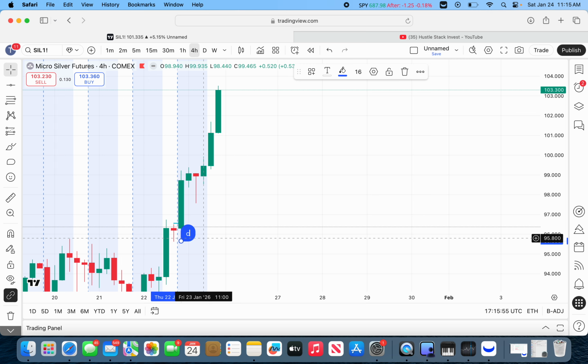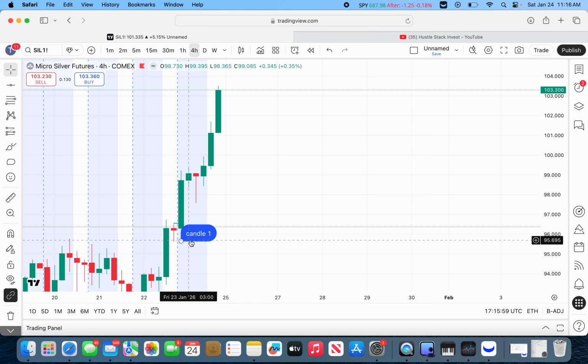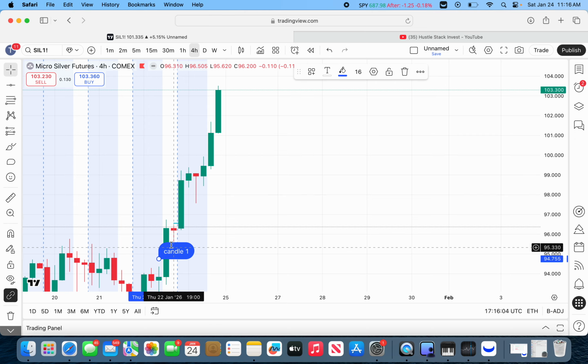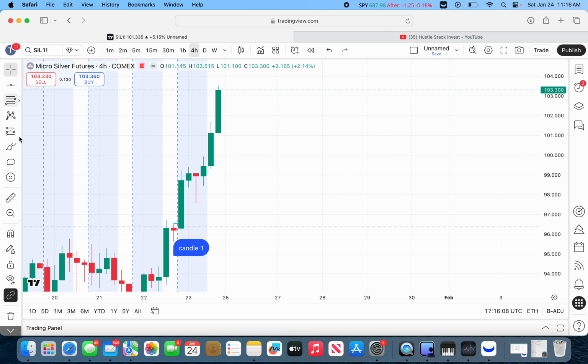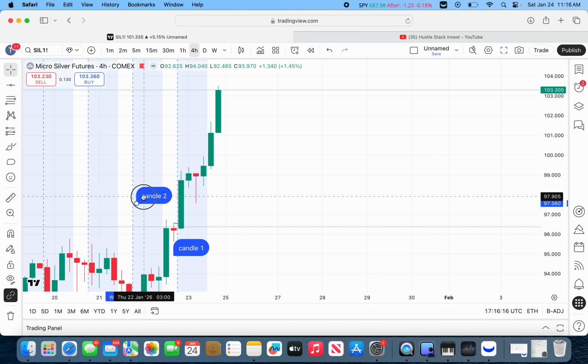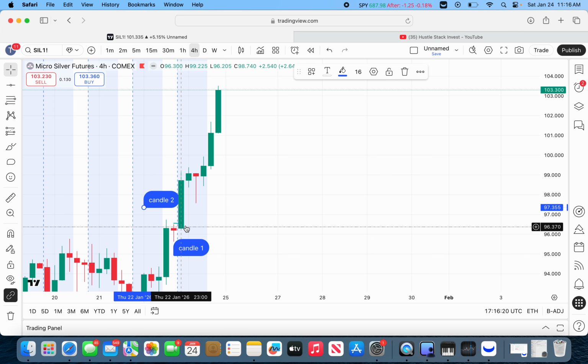This would be candle one, which is the red candle, right below this area. This red candle right here, candle one. It's a three candle pattern. This would be candle two, right here, which is this big green candle, which leaves the gap between these two candles.